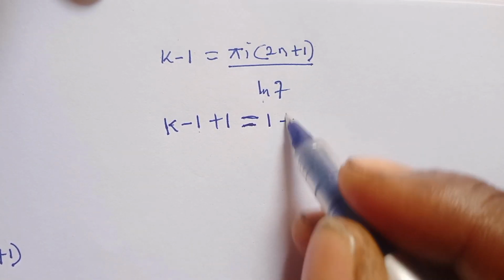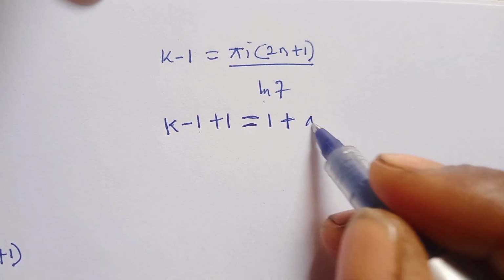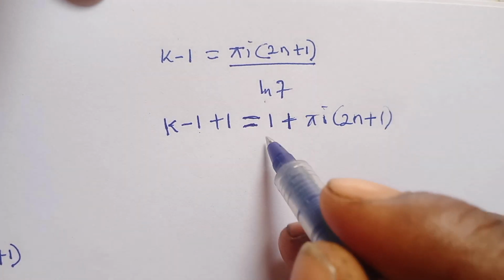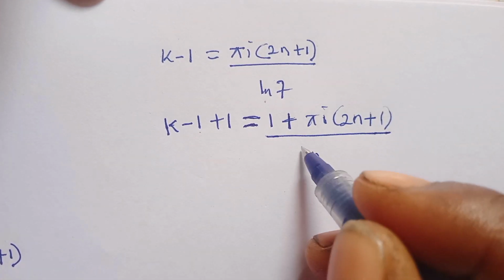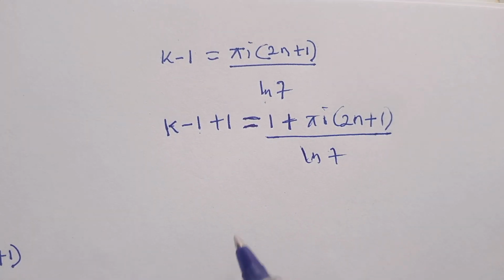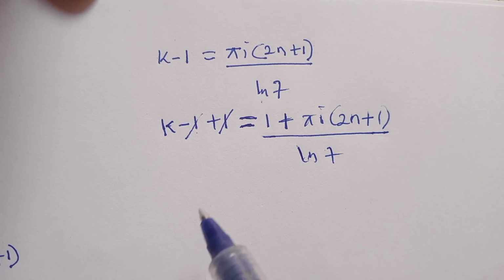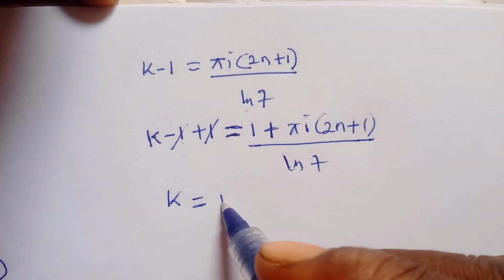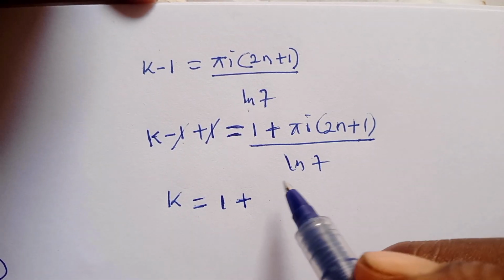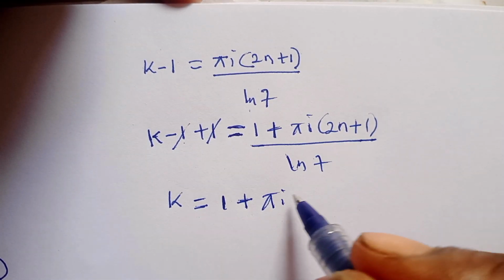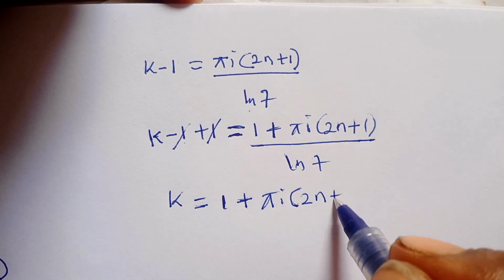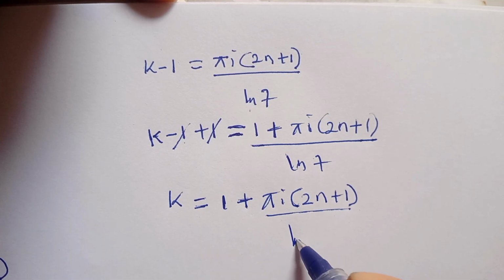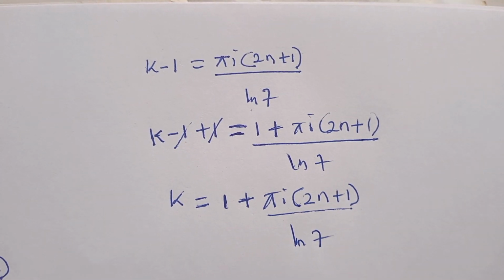So we have k minus 1 plus 1 equal to 1 plus pi i into bracket 2n plus 1, everything divided by ln of 7. So the minus 1 cancels the plus 1 here, and we are left with k equal to 1 plus pi i into bracket 2n plus 1 divided by ln of 7, as the value that we've already gotten.